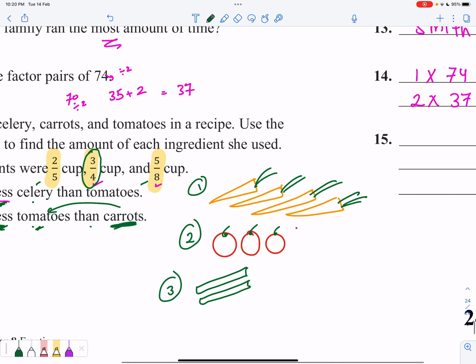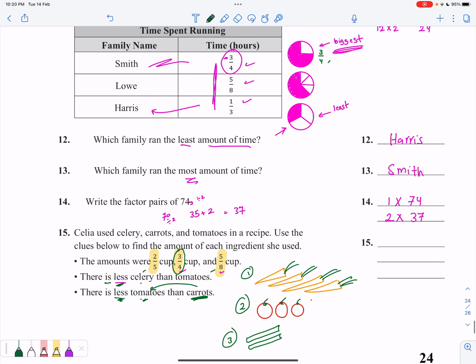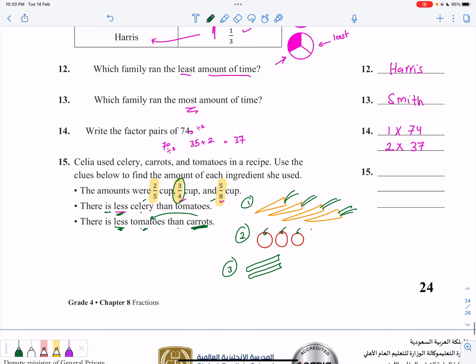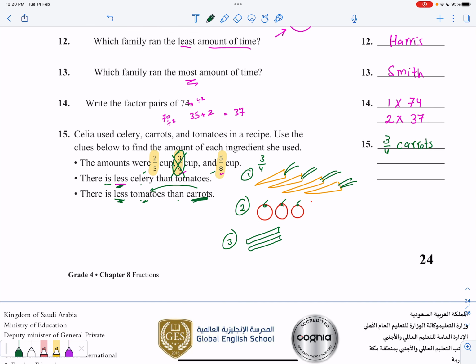We can also draw them like this to make sure. So we have 3 over 4 of the carrots. Okay, we're done with that. Now here I have 2 over 5 and 5 over 8.